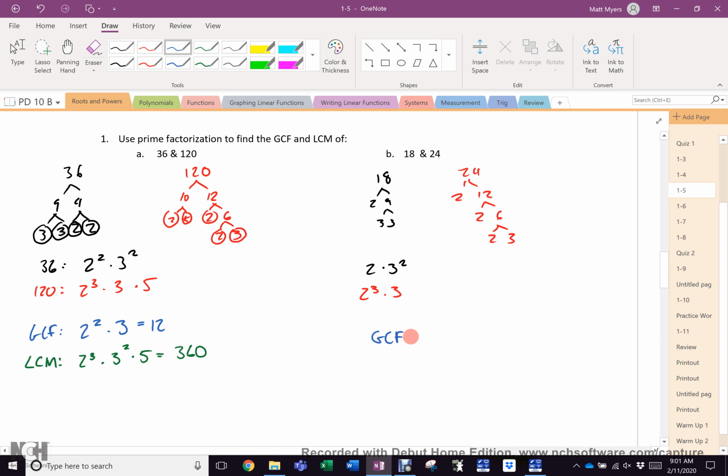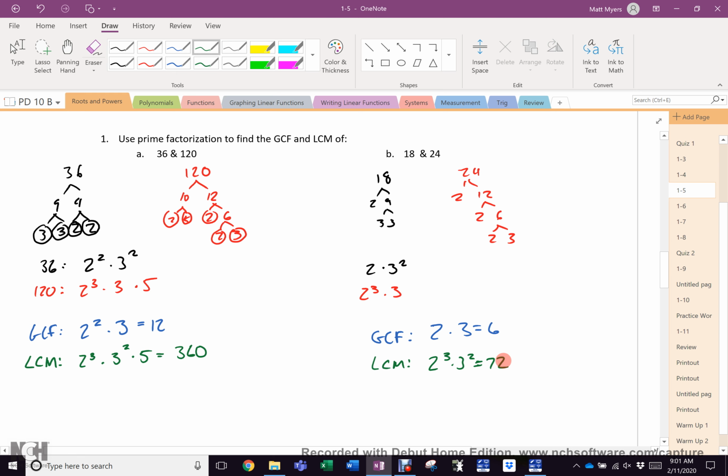GCF is what? 6. Right, because it's 2 times 3, which is 6. LCM? 2 cubed times 3 squared, which is 72.